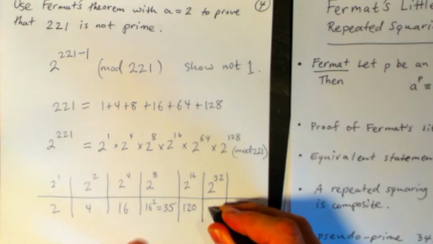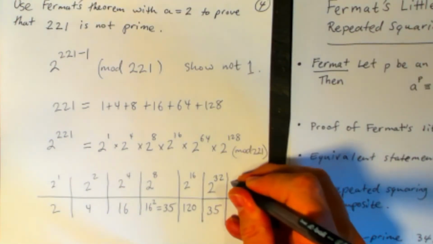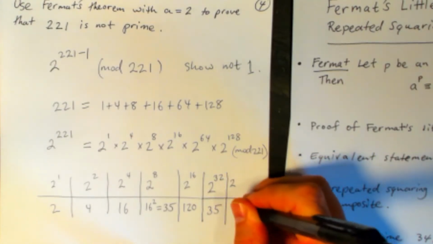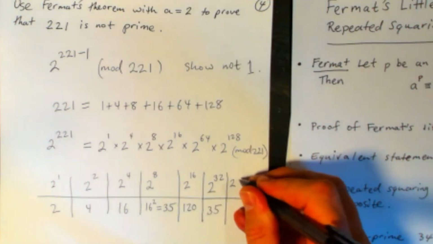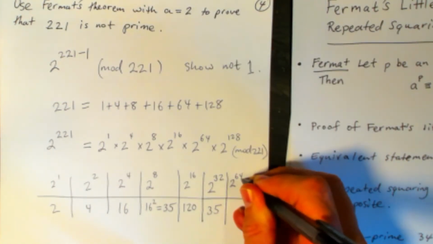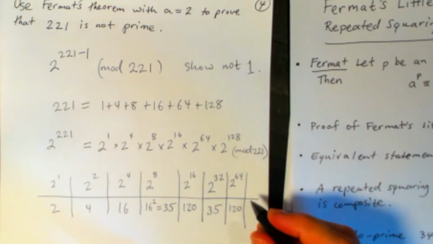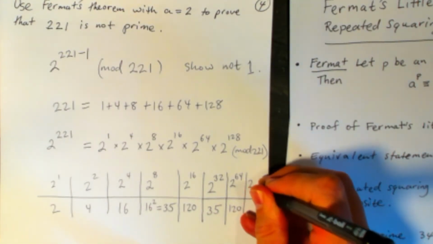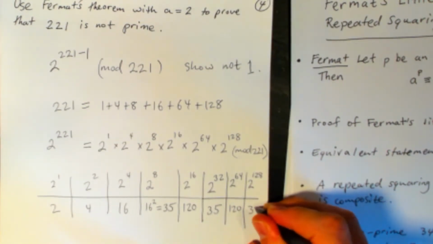So we get 35 again. Then we square 2 to the power of 32, which is squaring 35 and reducing mod 221. So 2 to the 64 is 120. And then 2 to the power of 128 is 35.